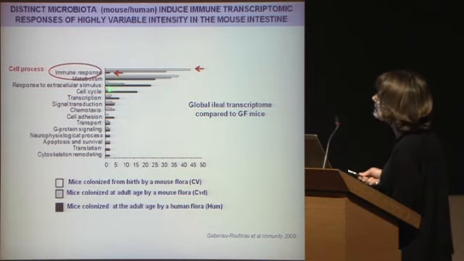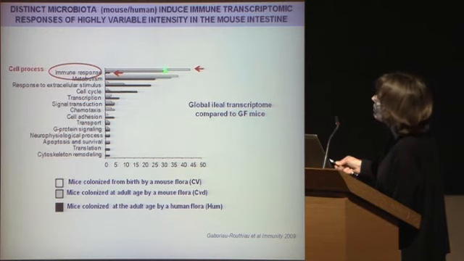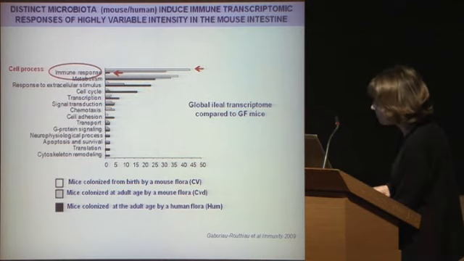And to our surprise, here in gray and white you have conventional and conventionalized mice, and here the intensity of the immune response compared to the metabolic response and the cell cycle response. And you see here that, to our surprise, the human microbiota induced very little immune response, while it induced very nicely a metabolic and a cell cycle response, at least in the ileum of the mouse.